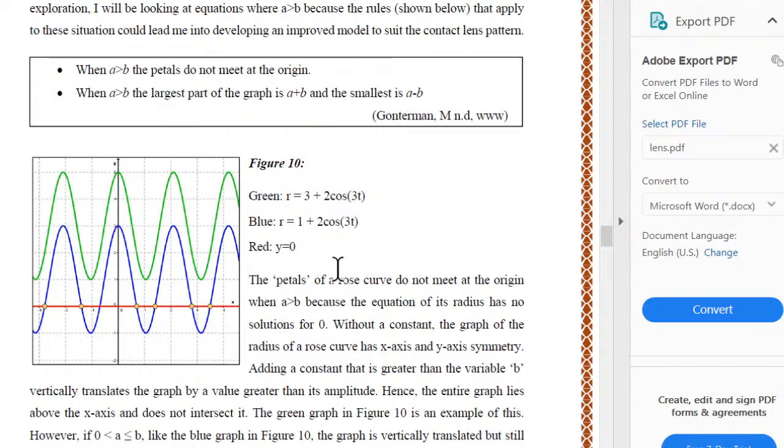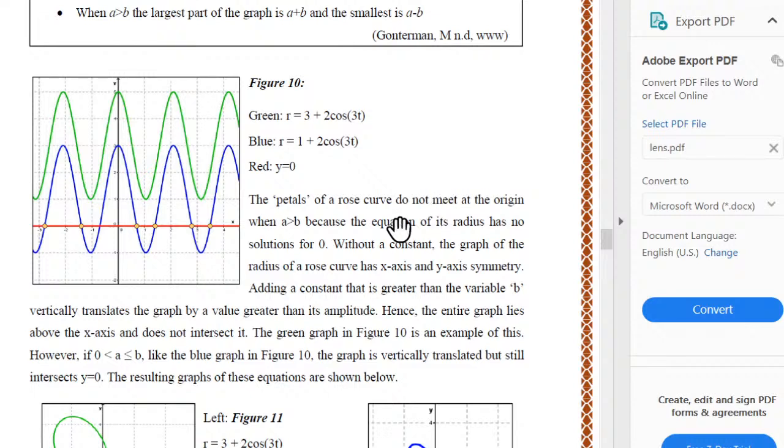So okay, let's see. Origin, because the equation of the radius has no solution for 0. The constant radius has x and y axis symmetry. Adding a constant greater than the variable vertically translates the graph by a greater value. So above the axis it does not intersect it.